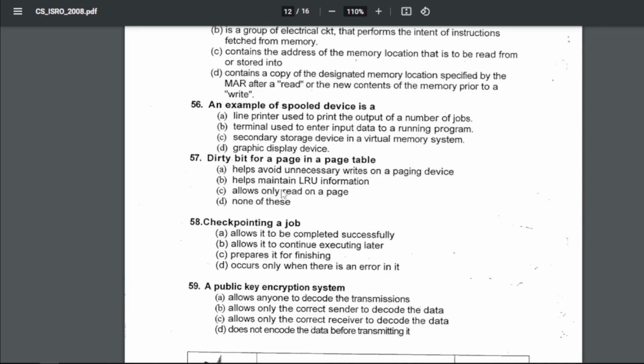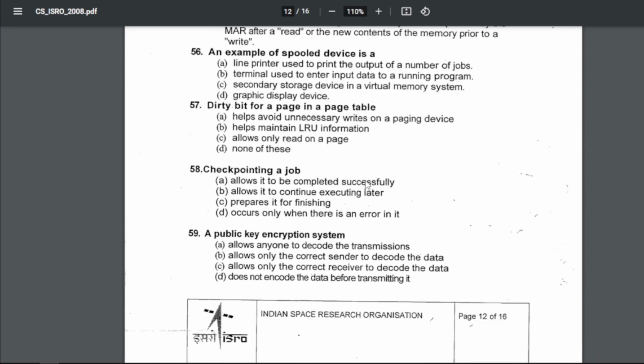Next is 57, that is dirty bit for a page in a page table is what? So dirty bit for a page in a page table, A, helps avoid unnecessary writes on a paging device, right? Again, dirty bit for a page in a page table helps avoid unnecessary writes on a paging device.